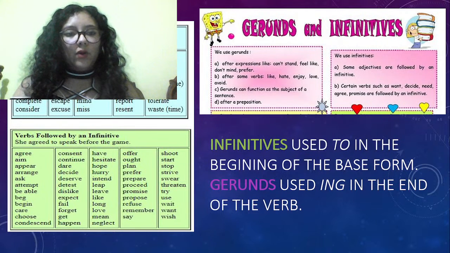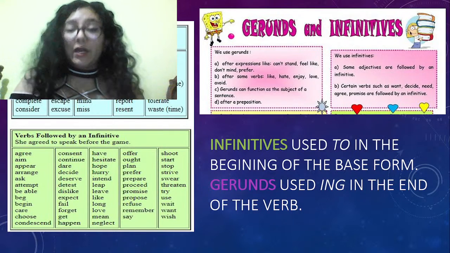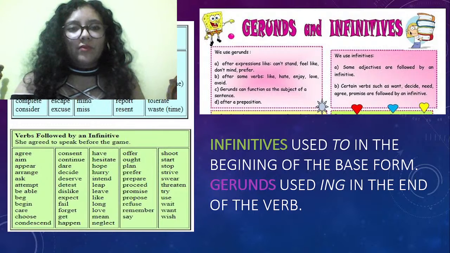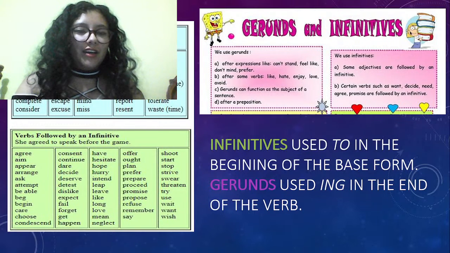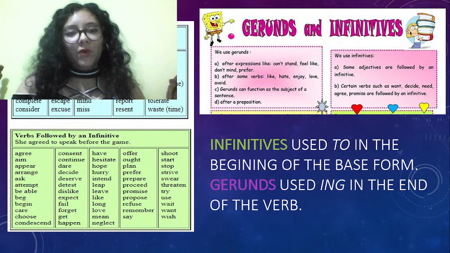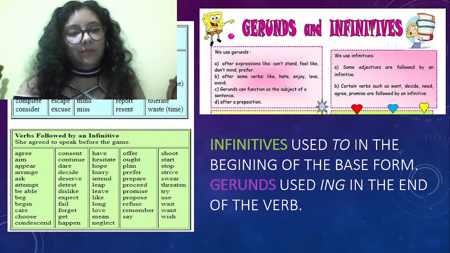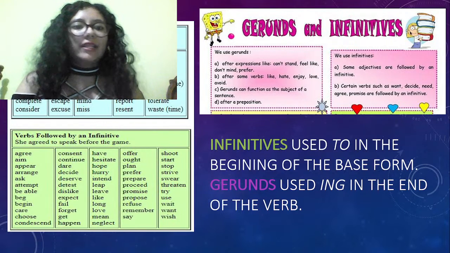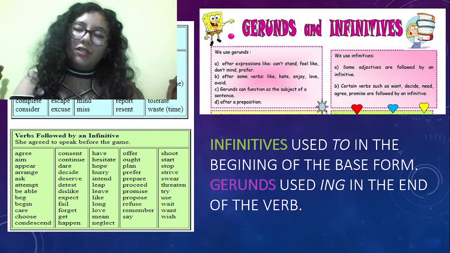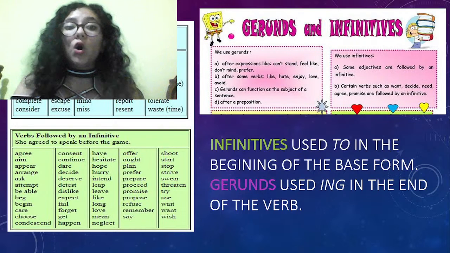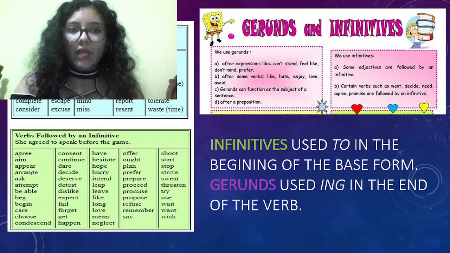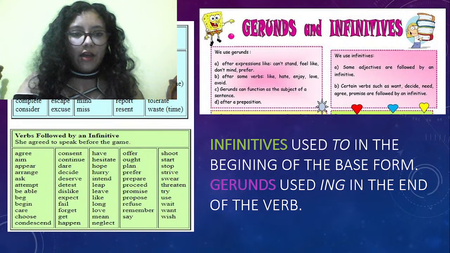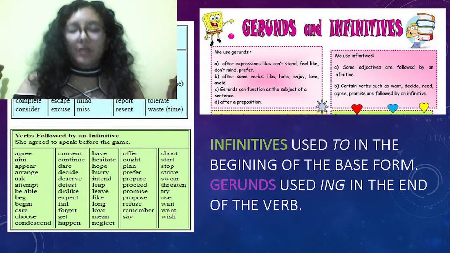For example, verbs followed by gerunds are in this blue chart. The first column says verbs followed by gerunds. For example, admit, advise, appreciate, delay, finish, permit, resist, resume, and all the verbs in the blue chart are verbs followed by a gerund, and verbs followed by an infinitive.